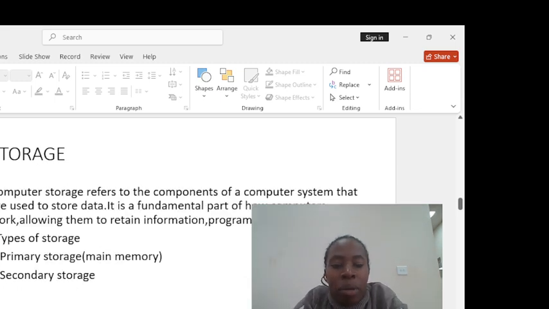Fiona Kumsinje, I'm presenting storage. Computer storage refers to components of a computer system that are used to store data. Types of storage: primary storage, which is the main memory, then secondary storage.